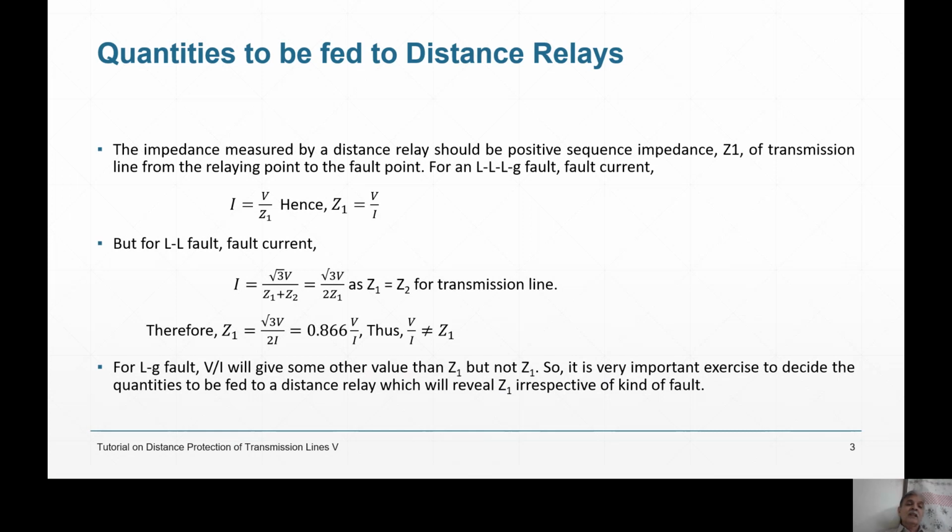That means the measured Z1 is root 3 V by 2 I. The impedance measured by the relay is not Z1, but root 3 V by 2 I, so a different value from Z1 is there.